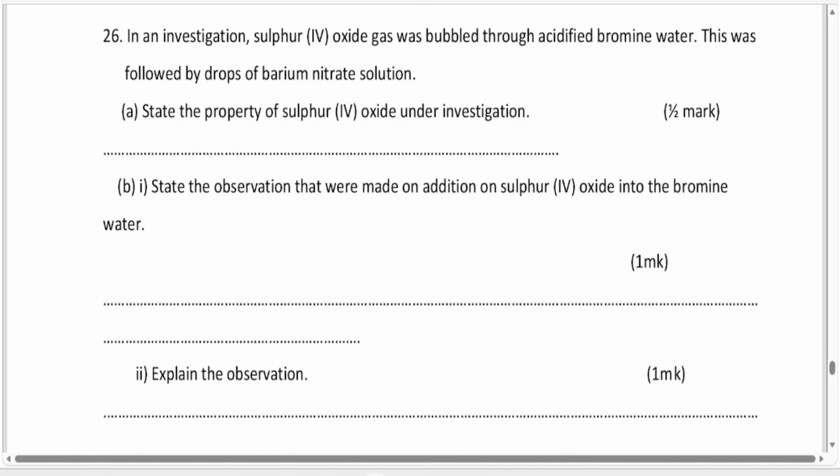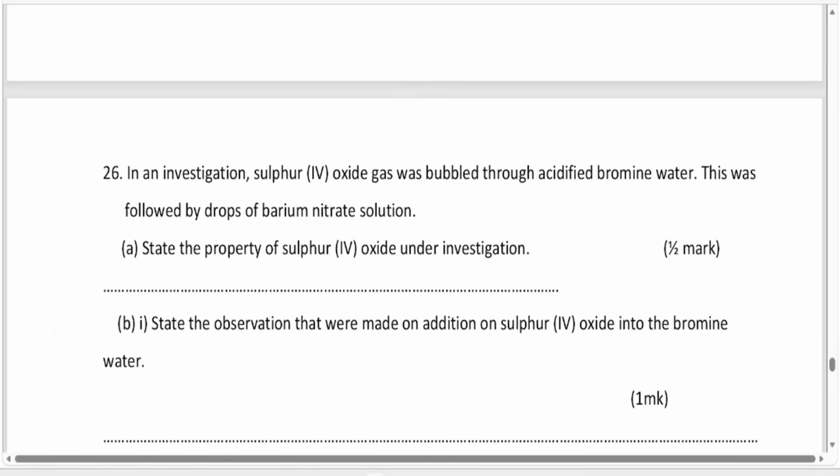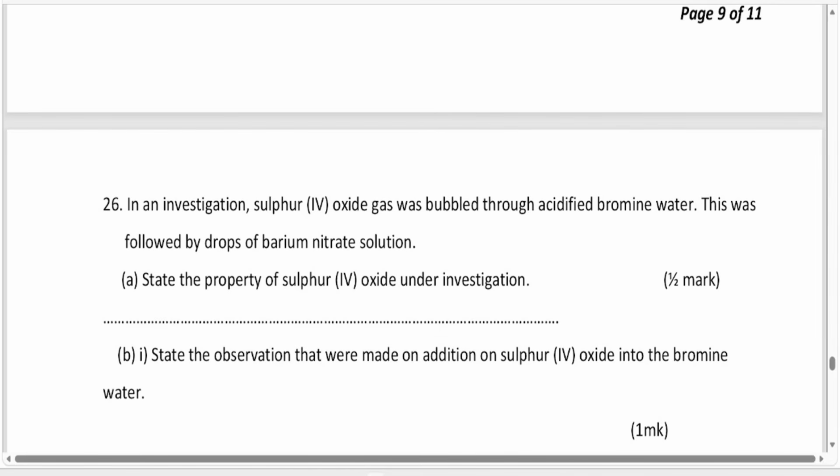So, we need to understand that when I have sulfur oxide and I react it with bromine water, a gas having been passed in water, that gives us bromine water.